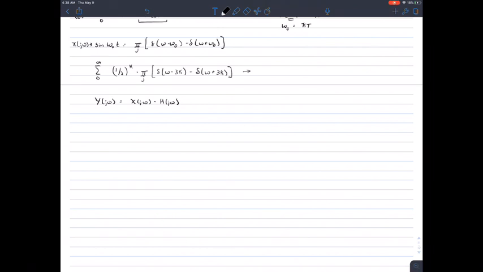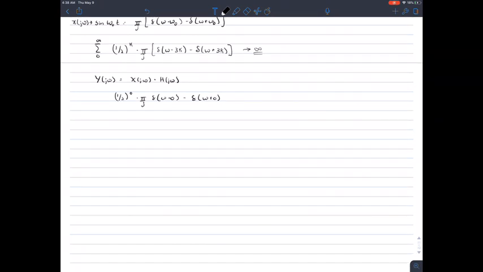So that's going to stop you from doing infinite amounts of this. Okay? So let's just go ahead and do 1/2 to the 0 times pi over j, delta of omega minus 0, minus delta of omega plus 0. So that's one value. That's still within the negative 4 to 4 range, because you're at 0.